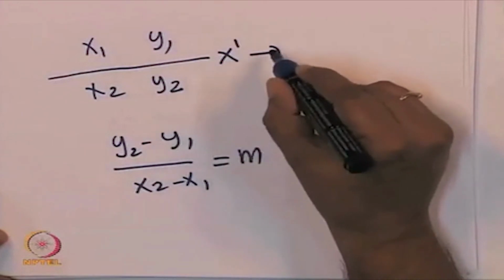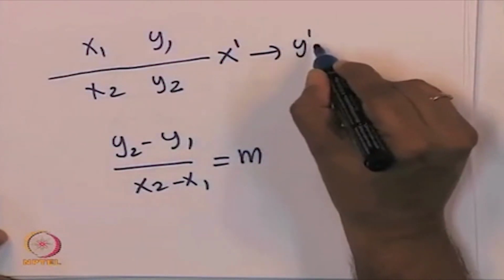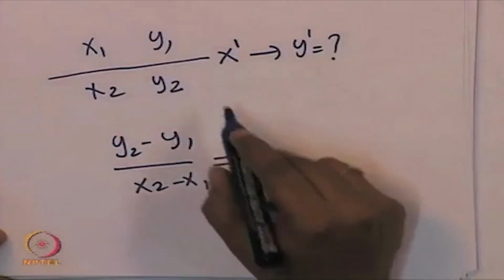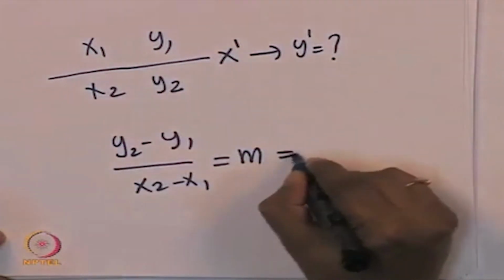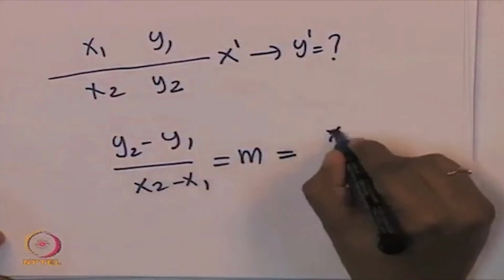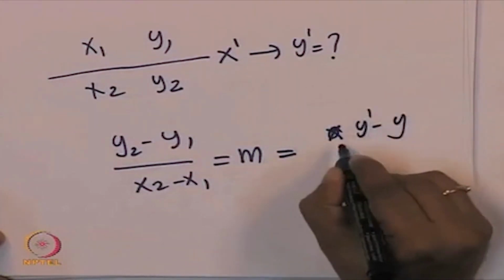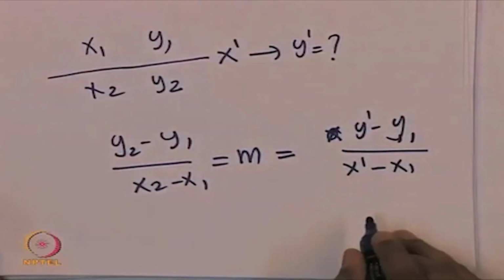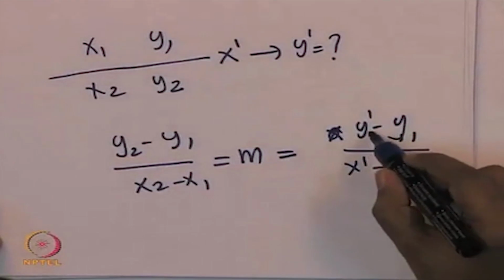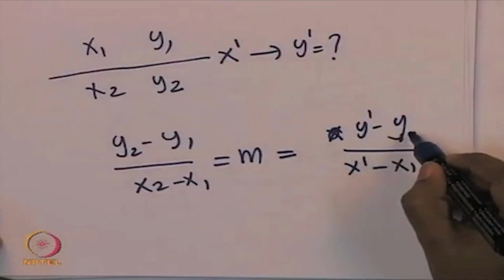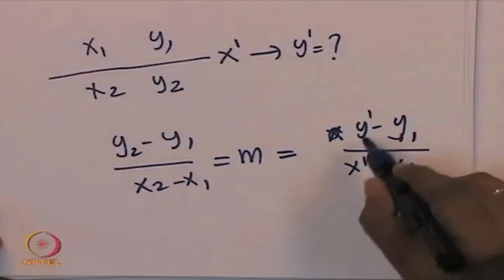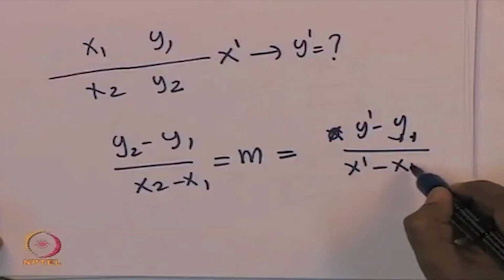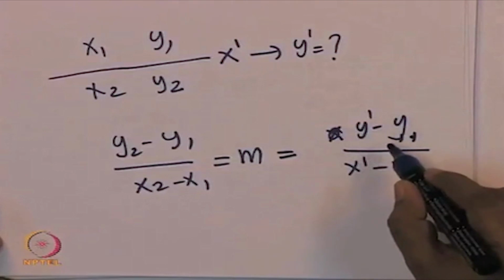If I know x prime, the immediate thing we can say is that this is also equal to y prime minus y 1 divided by x prime minus x 1. I do not know y prime, but I know y 1, x prime and x 1, so I can solve this equation and get y prime.